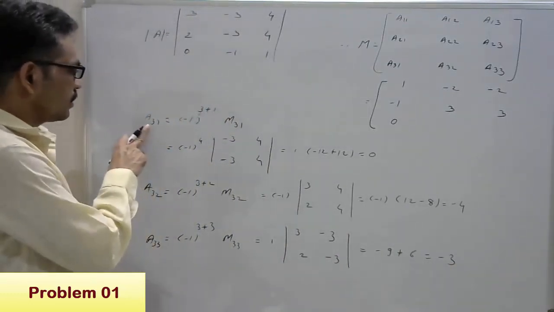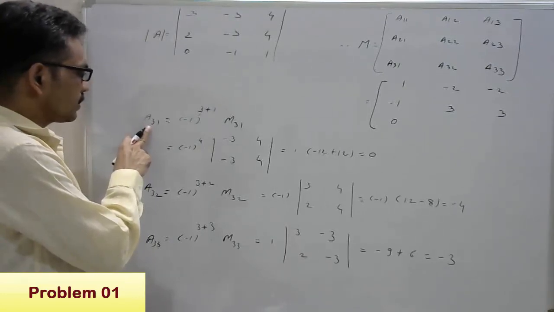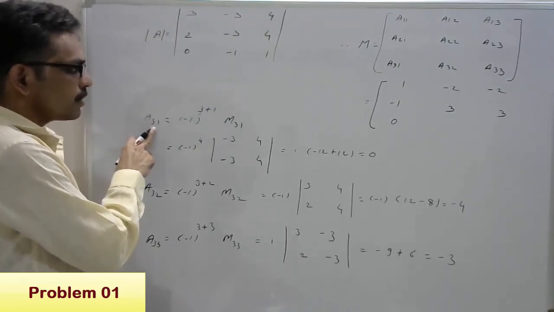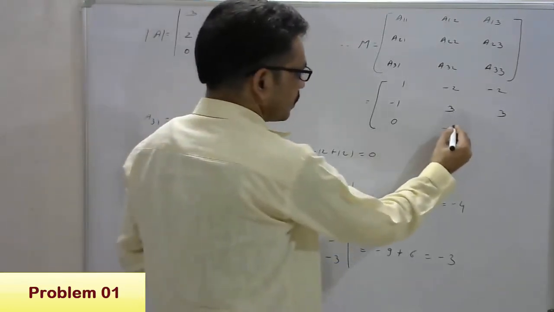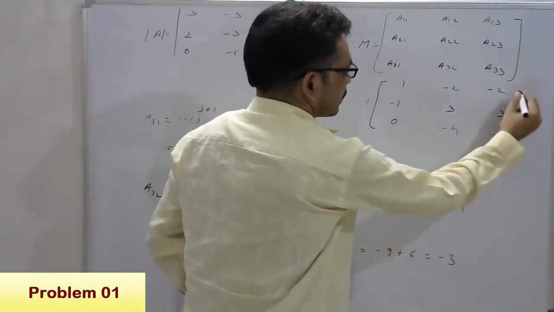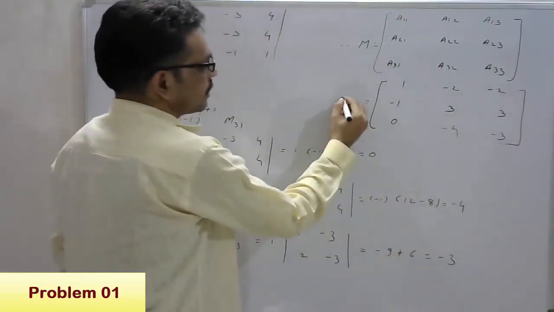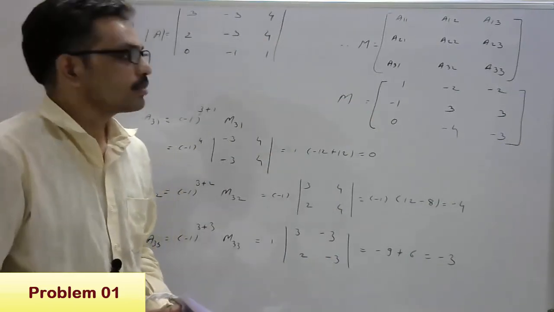Therefore, the cofactors: A31 is equal to 0, A32 is equal to minus 4, and A33 is equal to minus 3. These are the cofactors of the elements of the given matrix.